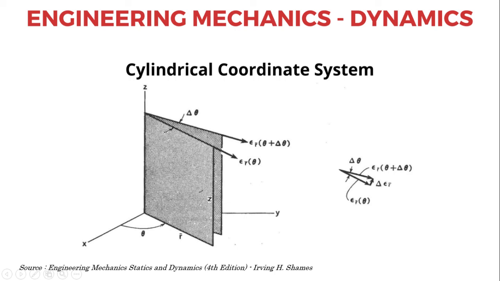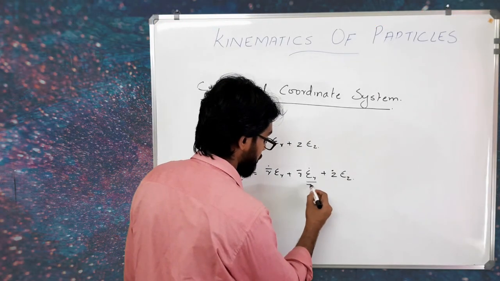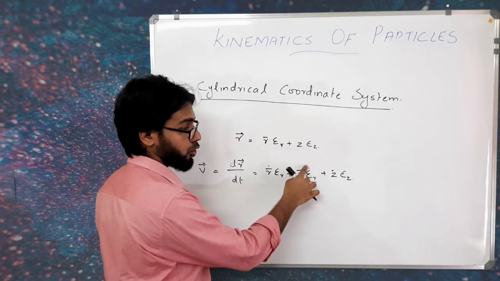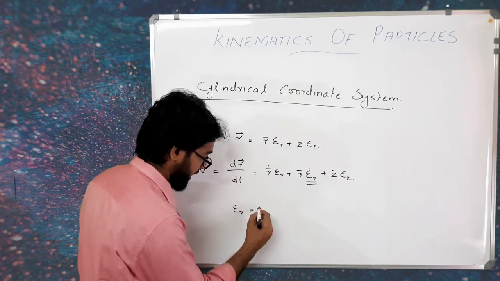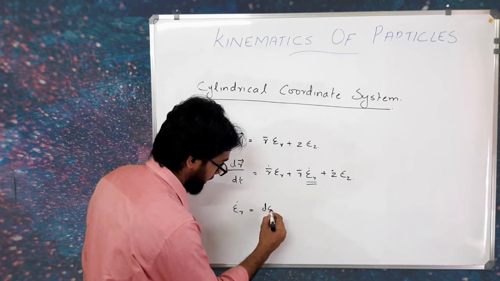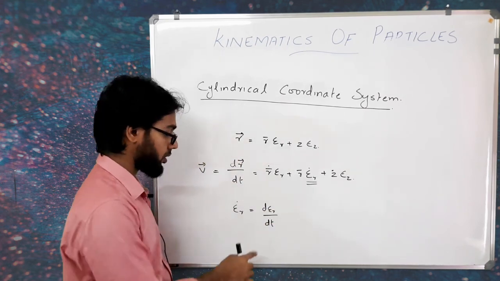If you look at the corresponding figure on the right hand side, as the value of delta t tends to 0, the time derivative of epsilon r moving along the rotating plane, which I can represent as d epsilon r by dt, where epsilon r is the unit vector.